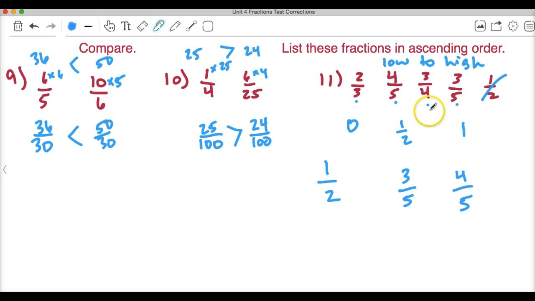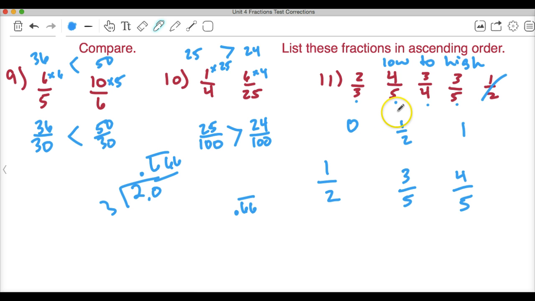You can turn them into decimals if you're interested. I know that 2/3 is the same as 0.66 repeating. If you didn't know that already, you could have done 2 divided by 3 and found the decimal that way.